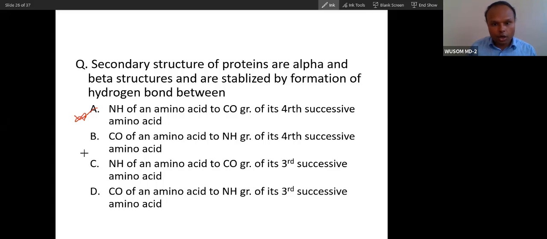This is the CO of the first to the NH of the fourth. CO to NH. The CO of the first amino acid will bond with its successive fourth. First, fourth; second, fifth; third, sixth, that way.